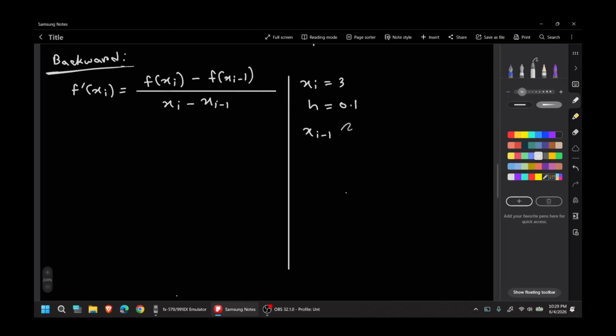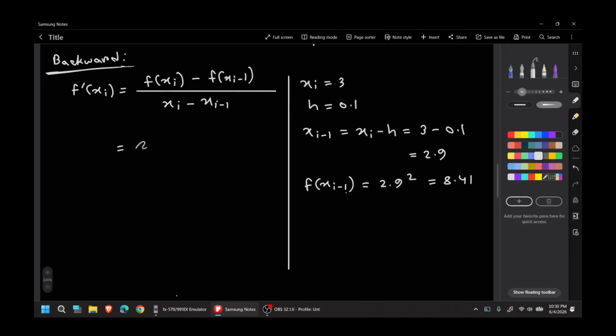So xi minus 1 will be xi minus h, that is 3 minus 0.1, so it will be 2.9. So f of xi minus 1 will be 2.9 squared, that is 8.41.